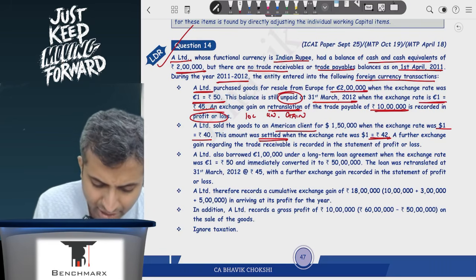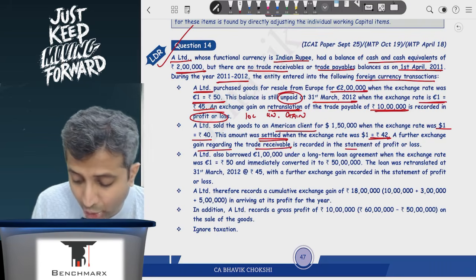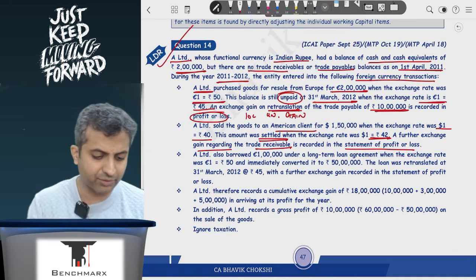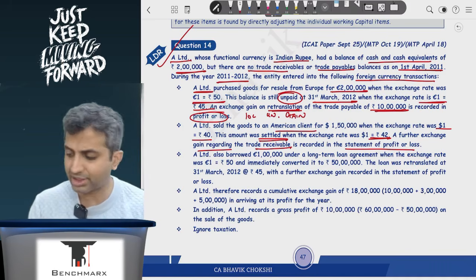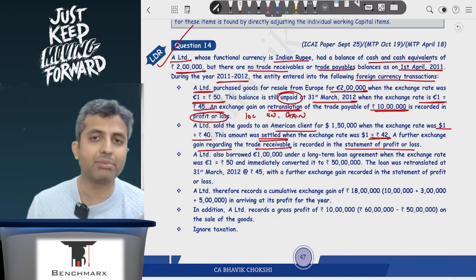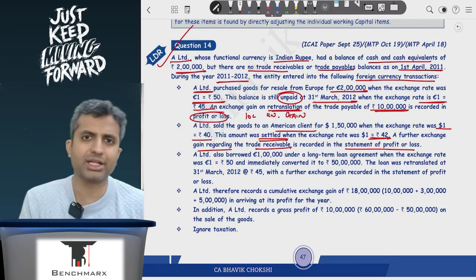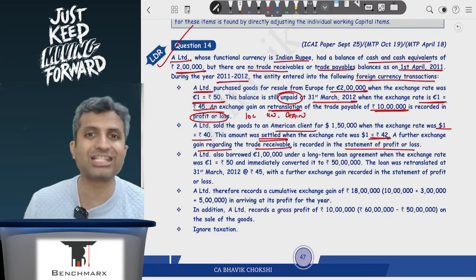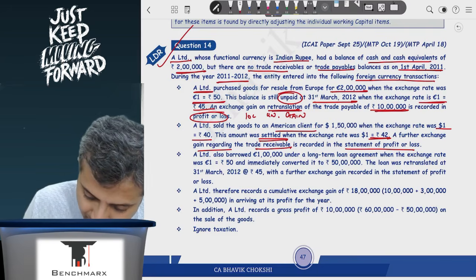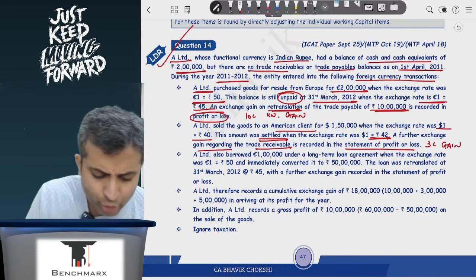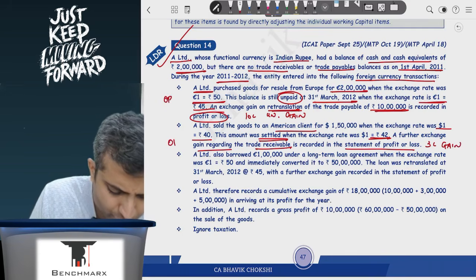And a further exchange rate gain on the trade receivable is recorded in the statement of P&L. So over here, your entry will be 1,50,000 into 42, that is 63 lakhs. So there will be an entry bank account debit, for example, 63 lakhs, to, let us say, debtors 60 lakhs, to forex gain of 3 lakhs. But this 3 lakhs of gain is basically a realized gain, and this is linked to operations.